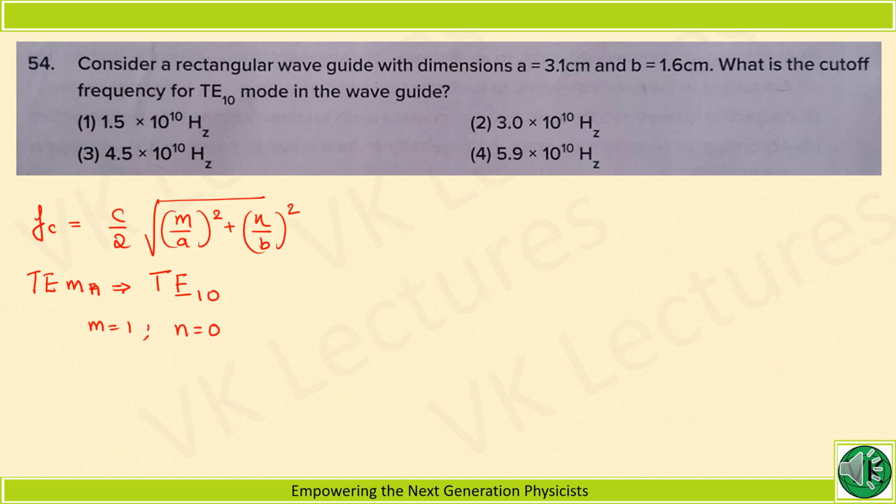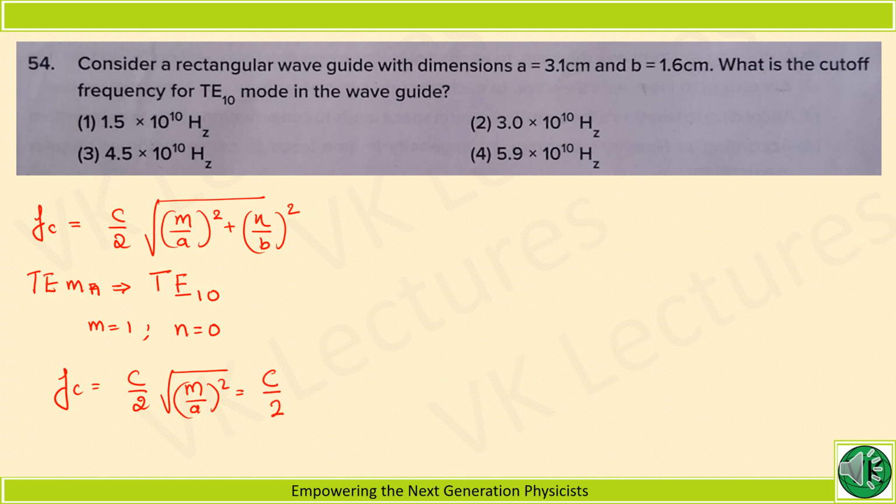The second term goes to 0. So Fc will be equal to c by 2 root of (m by a) whole square. Since it is under the root, we can take m by a.